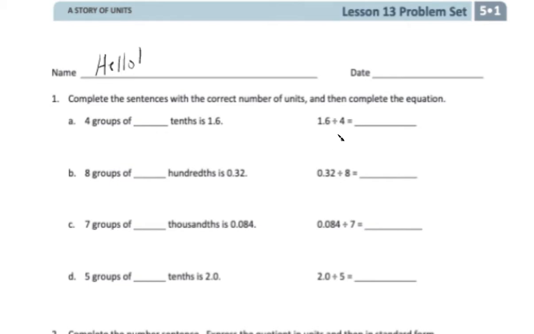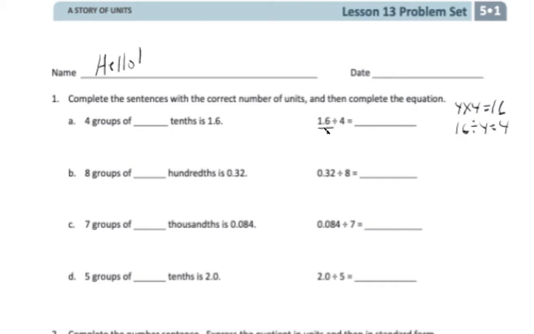For example, if we look over here at 1.6 divided by 4, well, if we call that 16 tenths, instead we have 16 divided by 4, which is a completely different kind of problem. 4 times 4 is 16, right? So that means 16 divided by 4 has to be equal to 4 because you've got that fact family thing going around in a circle there with multiplication and division.